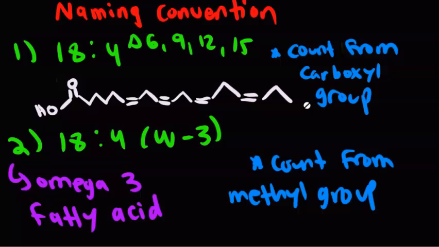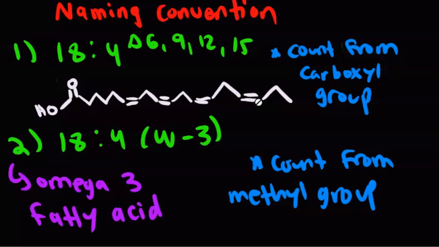So it specifies the double bond that's closest to the methyl group. In this case, it's 3 carbons away from the methyl end. So we call it an omega-3 fatty acid.